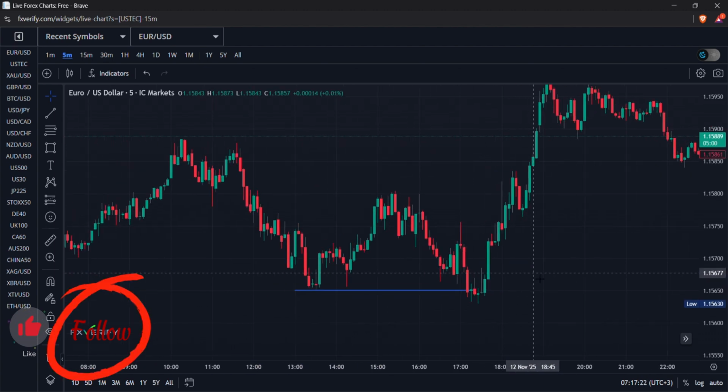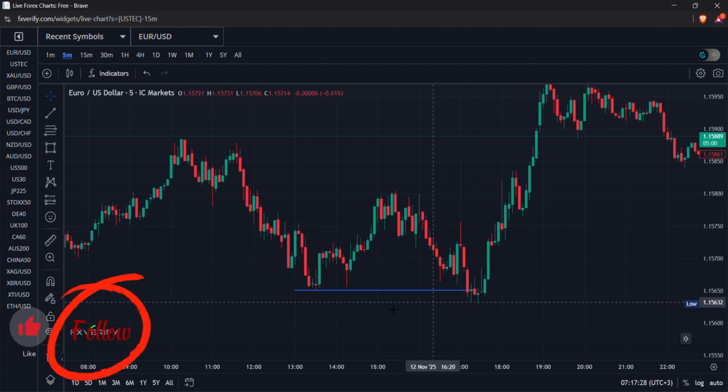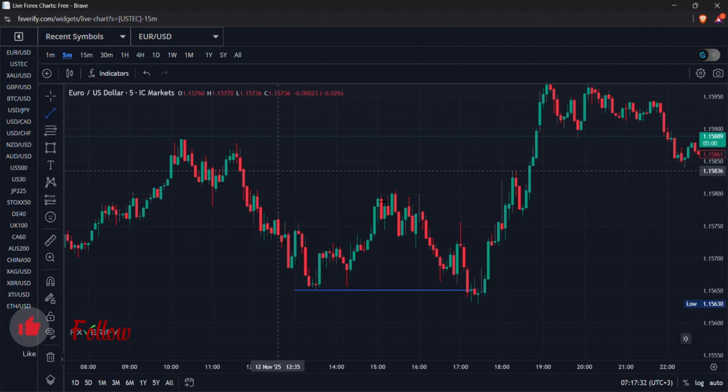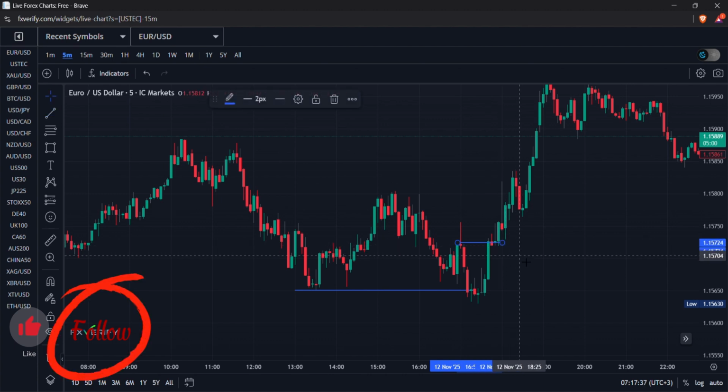This is the strategy that I usually use. With this strategy, after something like this happens and there's a liquidity sweep, the market changes its structure. Market structure shifts like this and closes above the tip of this order block.